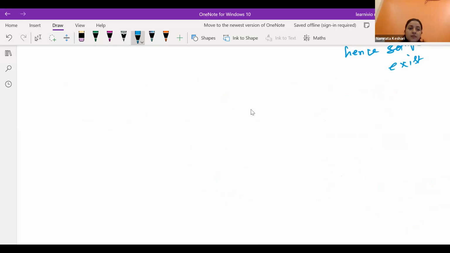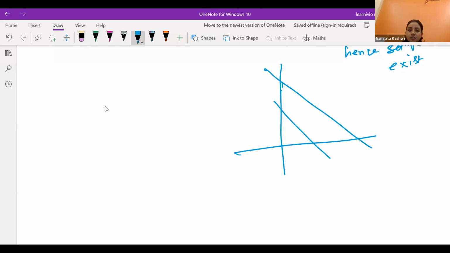Does bounded mean it exists till infinity? Are you saying bounded means extends to infinity? Bounded means, we were having a bounded region previously, like this. That means it was bounded.